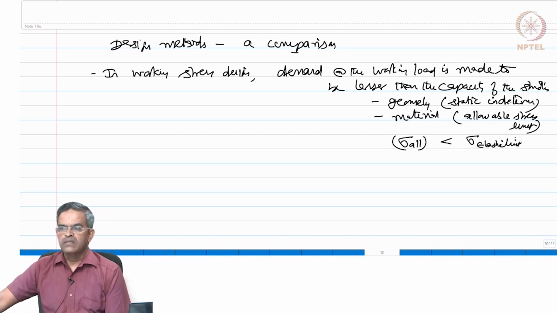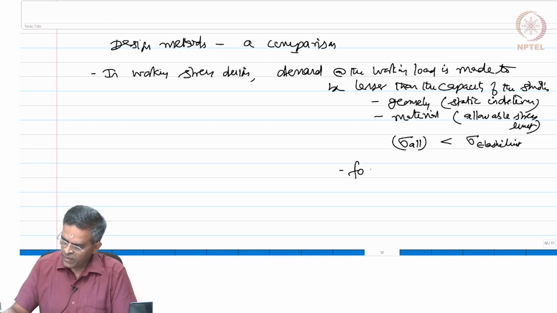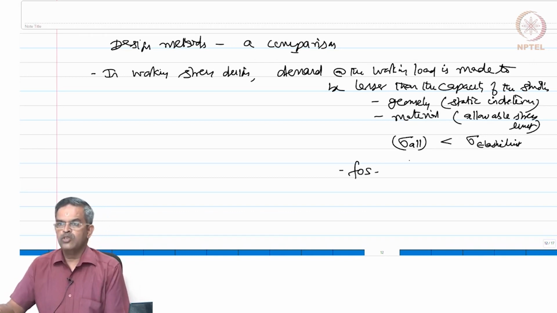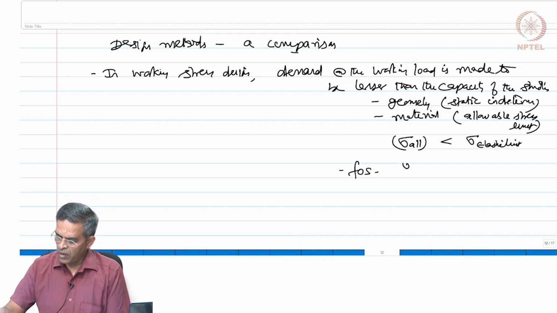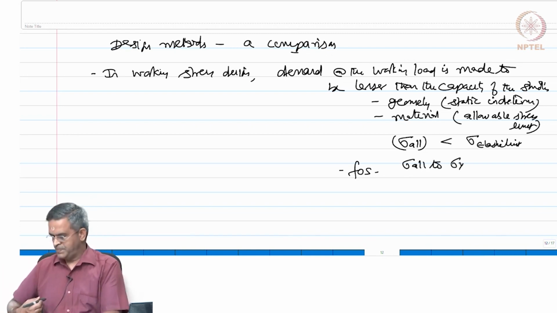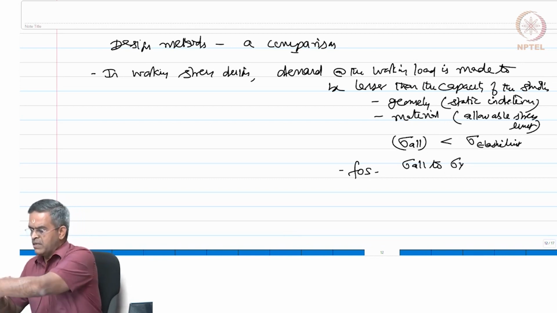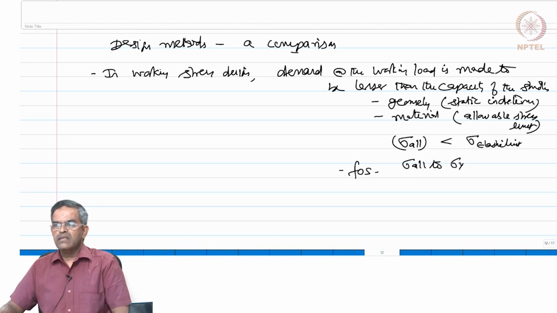Therefore, friends, the ratio of capacity of the material which is taken at the yield to the allowable stress is called the factor of safety. Okay, we do not take it till yield, we limit it below yield, and that is the factor of safety.